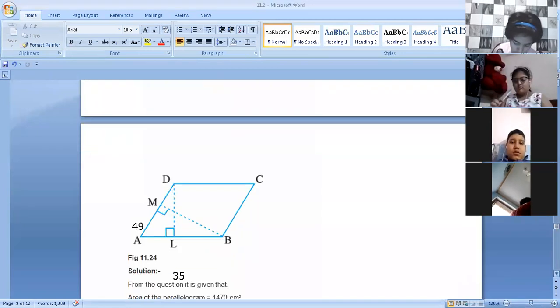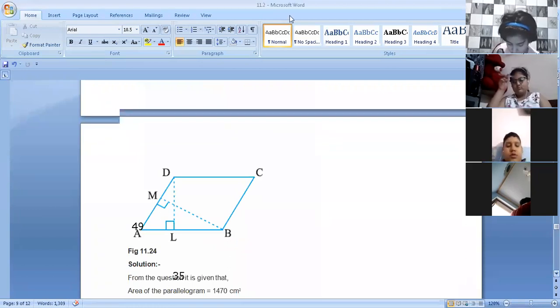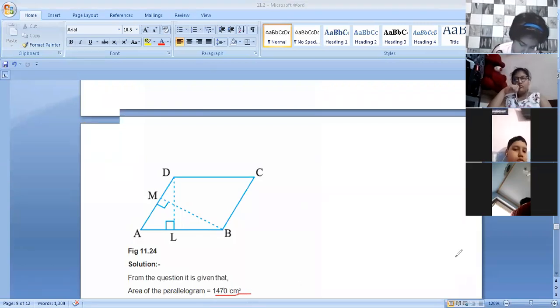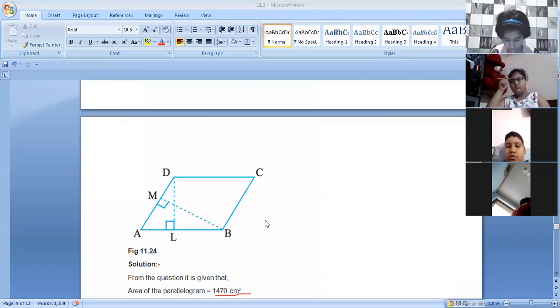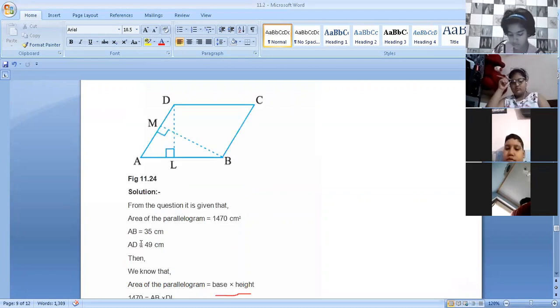Area of the parallelogram is given as 1470 centimeter square. AB is 35, AD is 49.